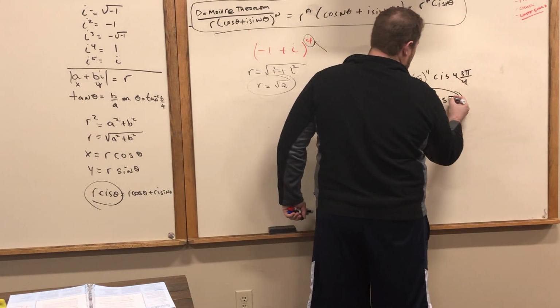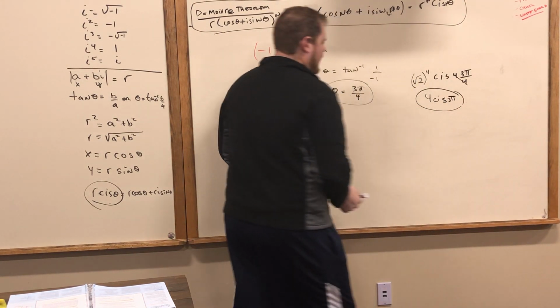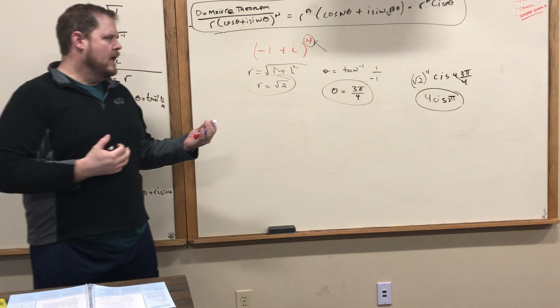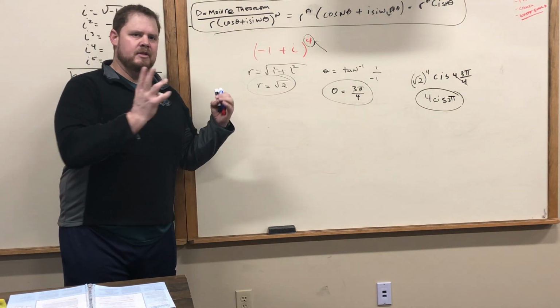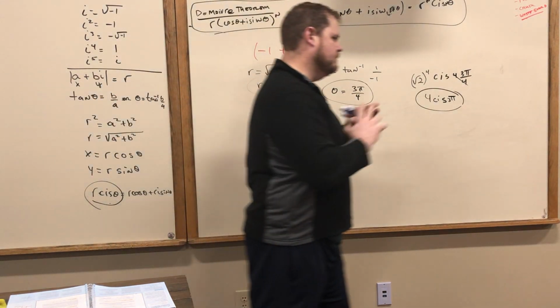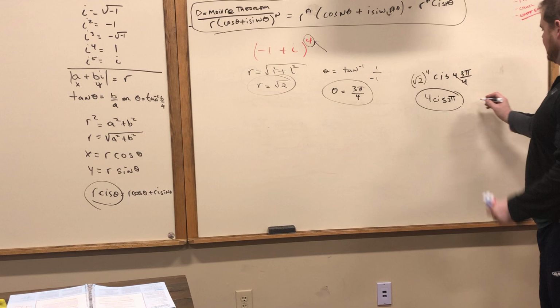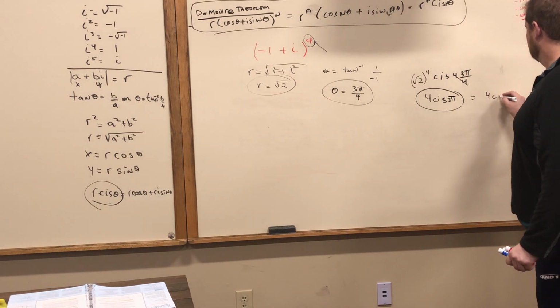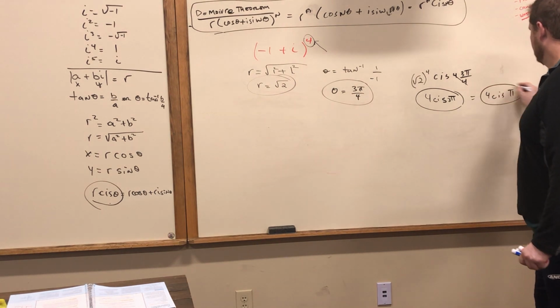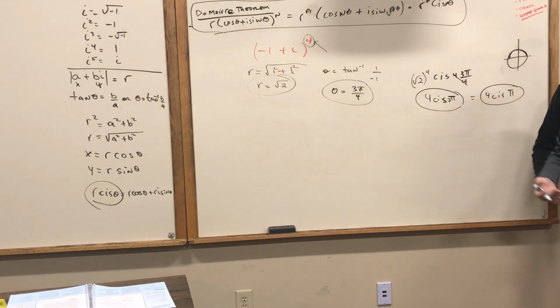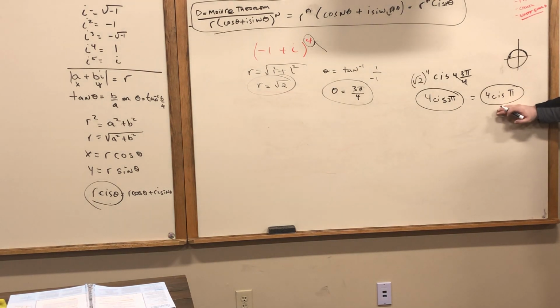Now, if it says to express it between 0 and 2 pi, that's important because that's only one unit circle. What would that really be? Another way to rewrite that is 4 CIS pi, okay? Because basically what it is saying is you went around once and went around to here, and that's where it would be, okay? So there's our final answer.